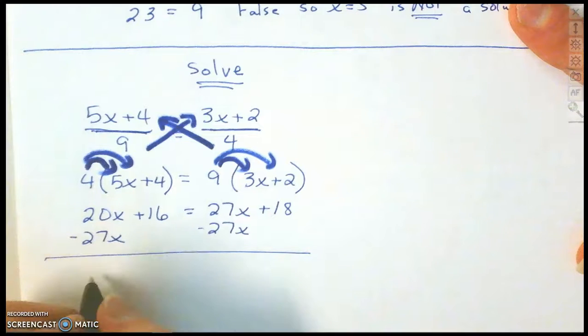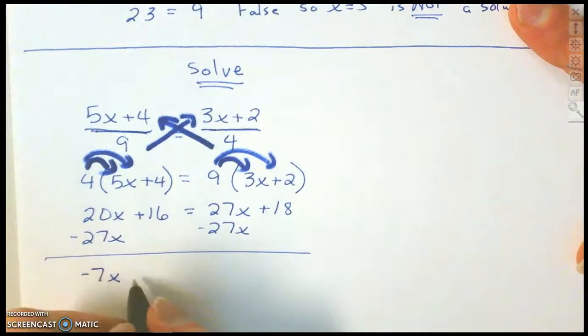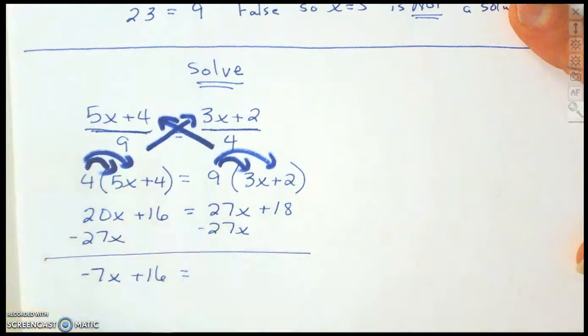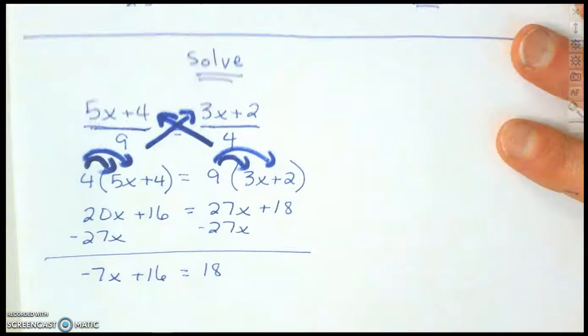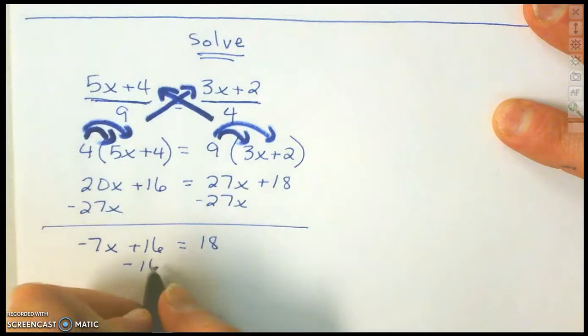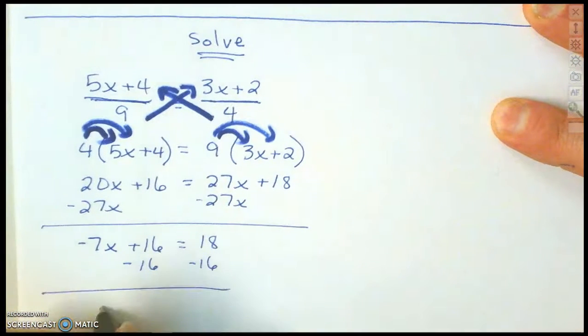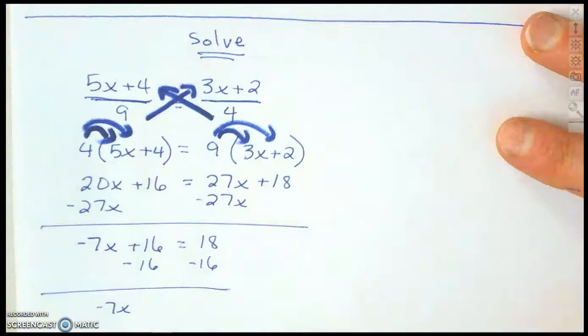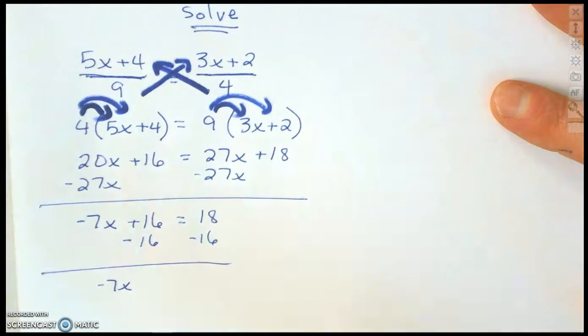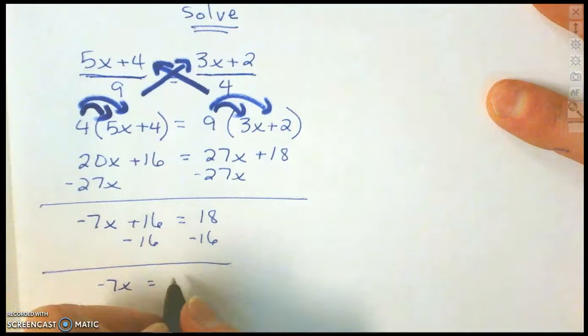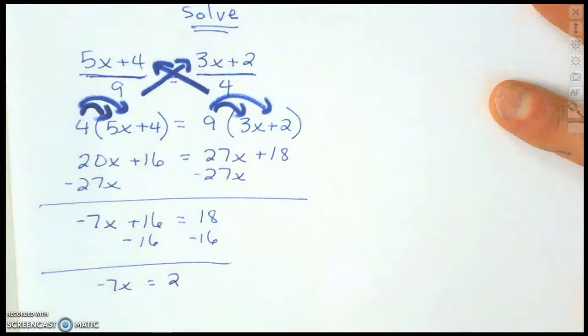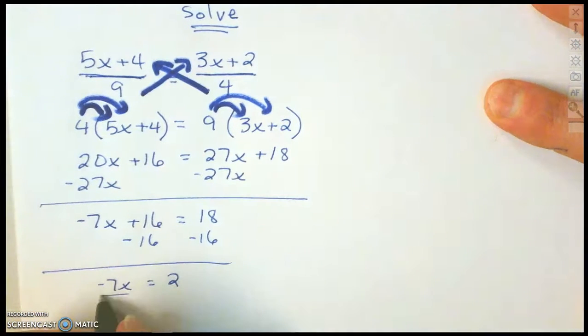That leaves you then with minus 7x plus 16 equals 18. We'll move that 16 over. And now we've got a minus 7x equals, now watch your signs and be careful, looks like a positive 2. Divide by your negative 7.